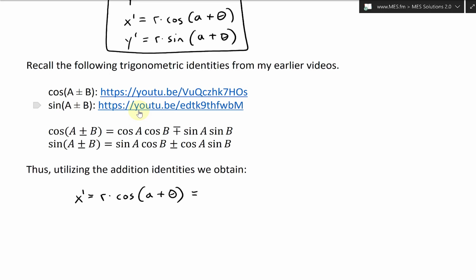Then this becomes r times cosine a, cosine theta, then minus, because the plus turns into a minus for the cosine identity, and then sine a, sine theta, like that.